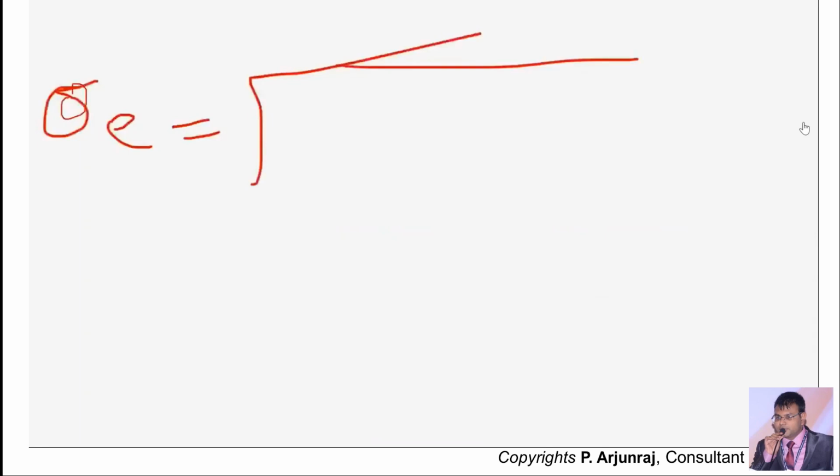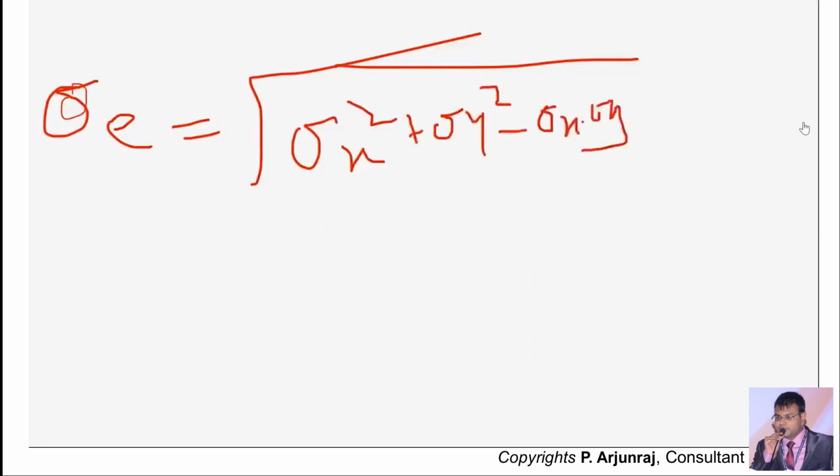And according to the shear energy theory, the equivalent stress is equal to root of sigma x square plus sigma y square minus sigma x into sigma y plus 3 into tau xy square.